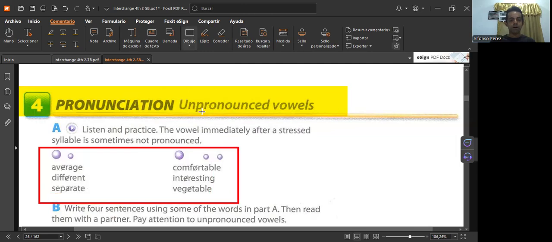The big ball represents the stress: average, different, separate, comfortable, interesting, vegetable. You notice these vowels are silent. Repeat after me: average, different, separate, comfortable, interesting, vegetable.